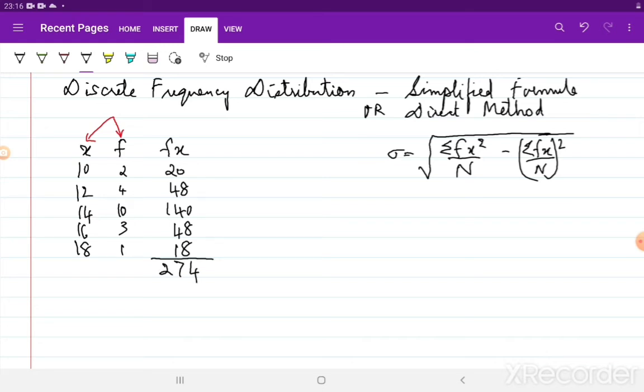Your n will be nothing but total frequency, so that's 20.